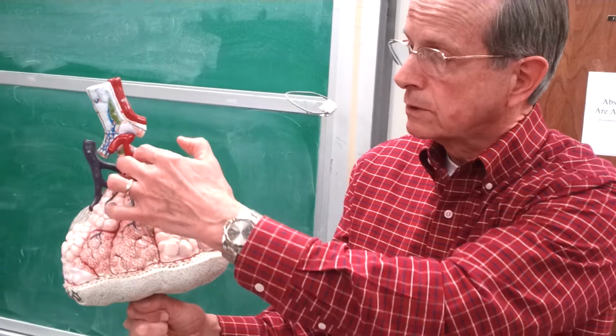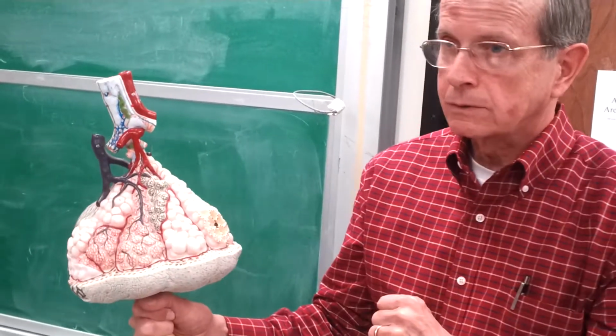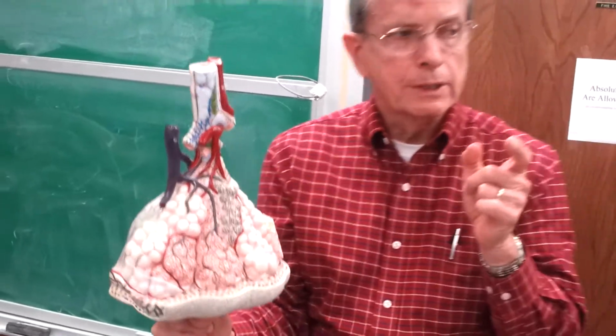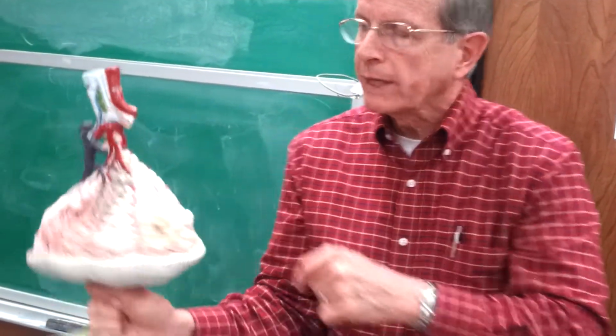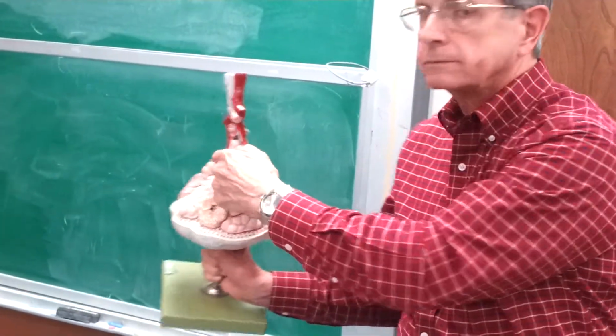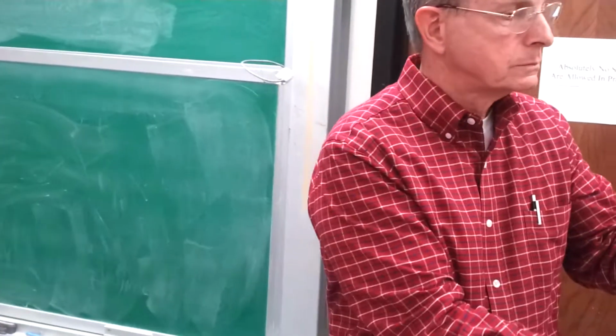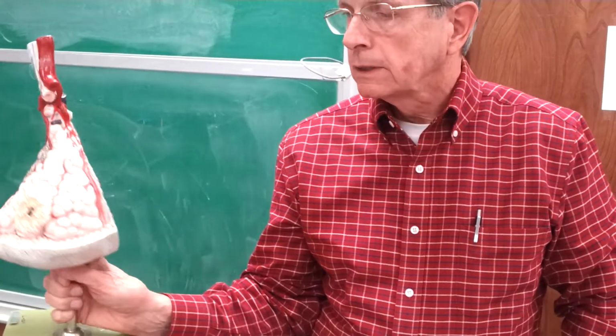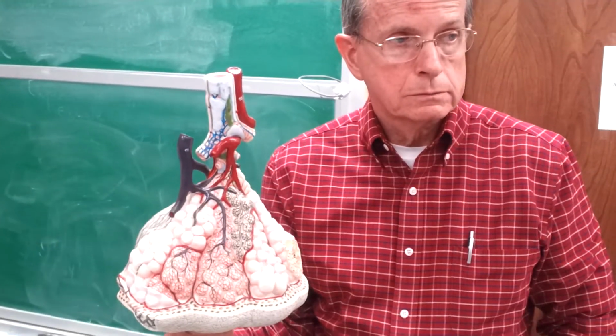These are extensions of these vessels. Now, we haven't gotten to this yet, but you see over these alveoli there are some black markings here. They're not red or blue. Those black markings, as I'll be telling you later, are elastic fibers.